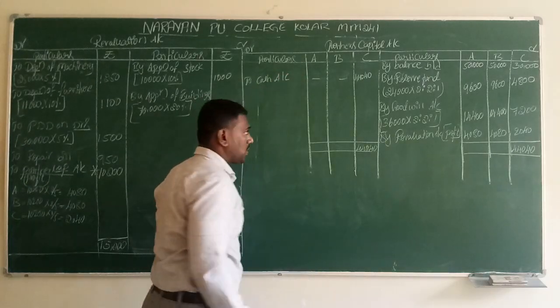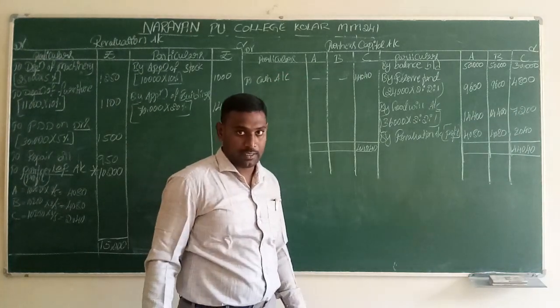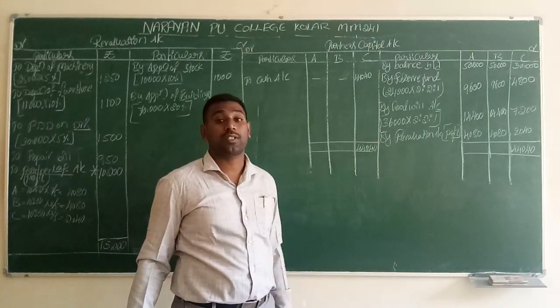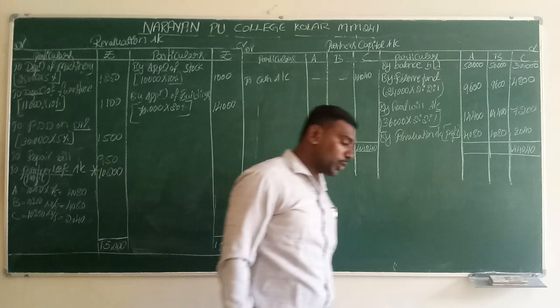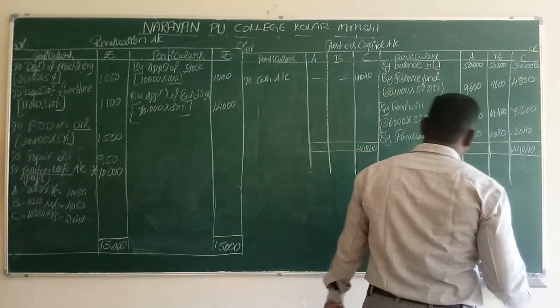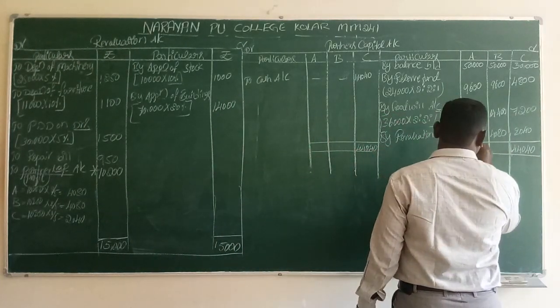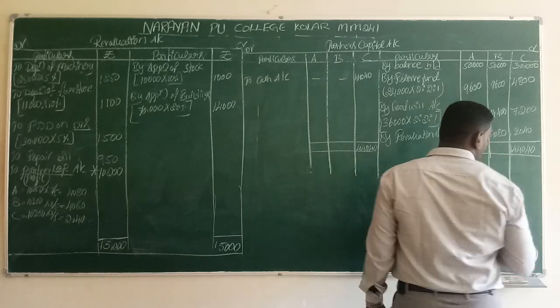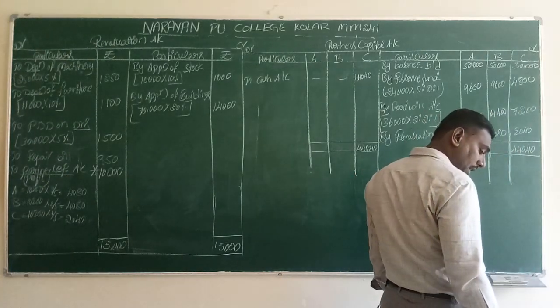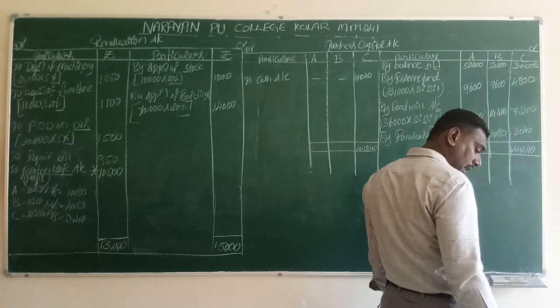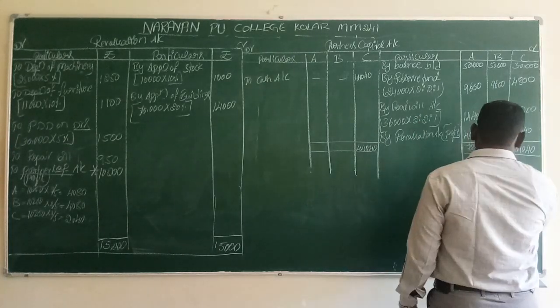First we close the account of a particular person, later the accounts of the remaining partners. The remaining partners are A and B. What is the total of A now? 78,080. What is the total of B? Again 78,080.